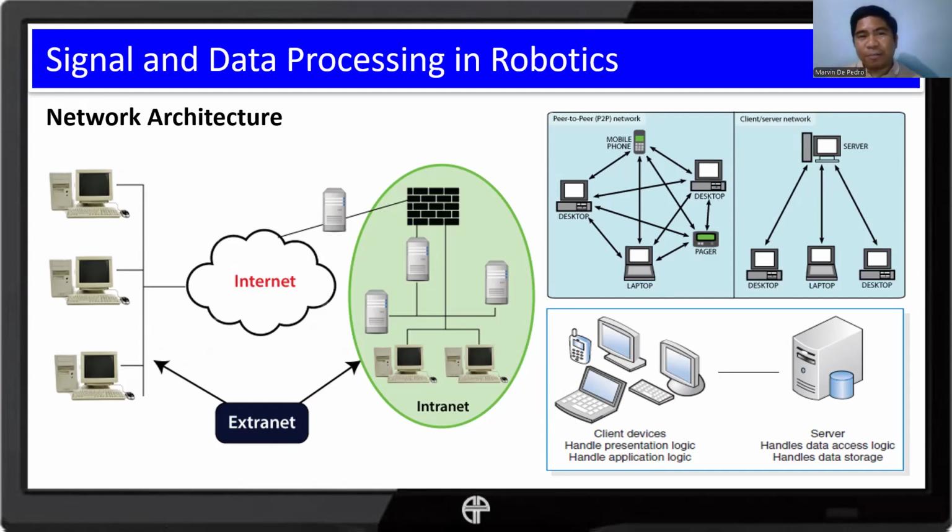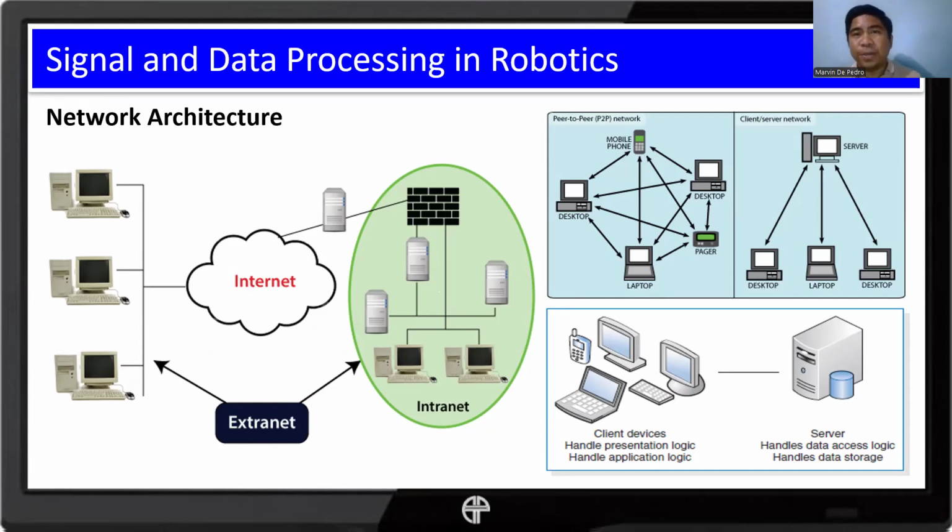Once you have chosen one of these, intranet, internet, or extranet, another thing regarding the architecture is whether you choose peer-to-peer or client-server model. Peer-to-peer, basically, this is for nearby devices, for on-premise, especially for local networks only.